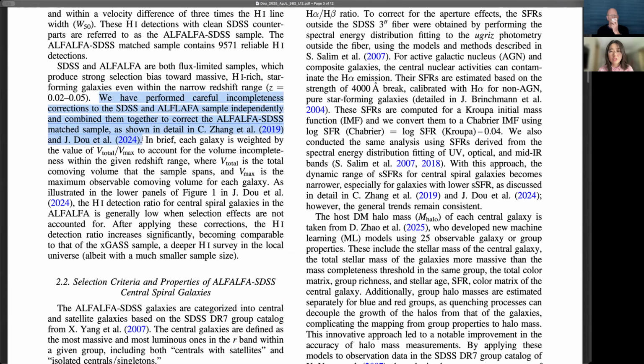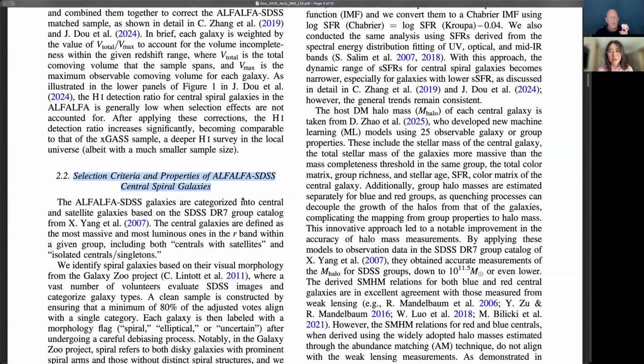Next, in section 2.2, we mainly introduce how we select the central spiral galaxies and their main physical properties. After our selection, we have in total more than 4,000 central spiral galaxies which have reliable H1 detections in this matched sample.